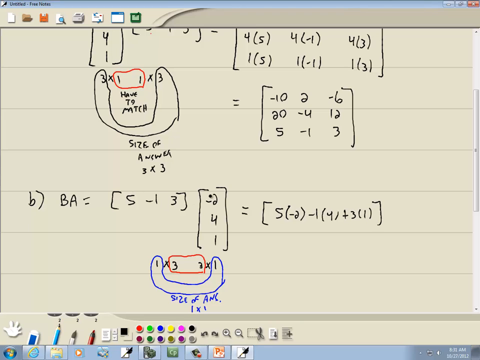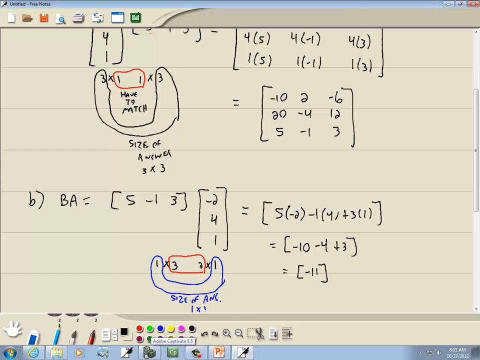So this row times this column. And that gives us negative 10 minus 4 plus 3, which gives us negative 14 plus 3, which gives us negative 11. And that's our answer.